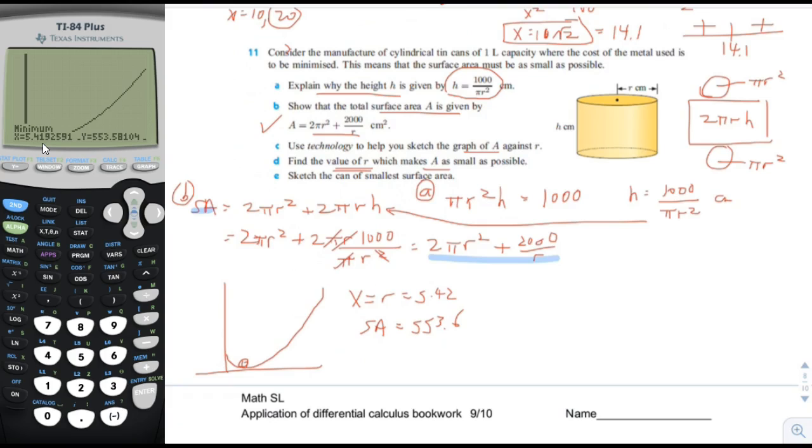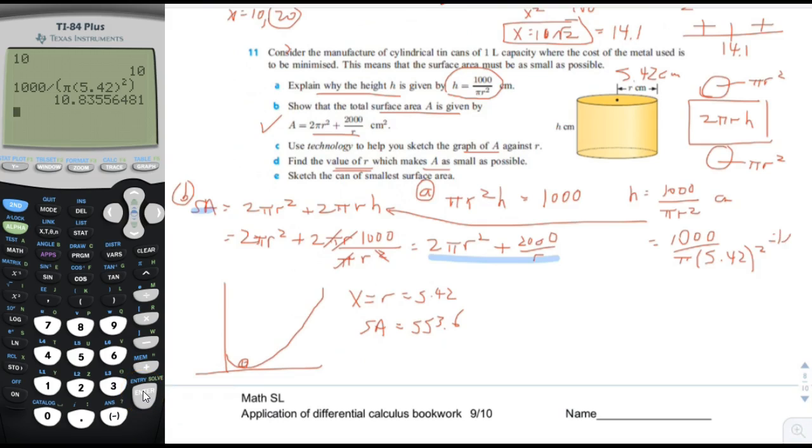Sketch the can of smallest surface area. So that would be like this can here, except the r is going to be 5.42 centimeters, and the h is going to be 1,000 divided by pi times 5.42 squared, and that'll give us 10.8.